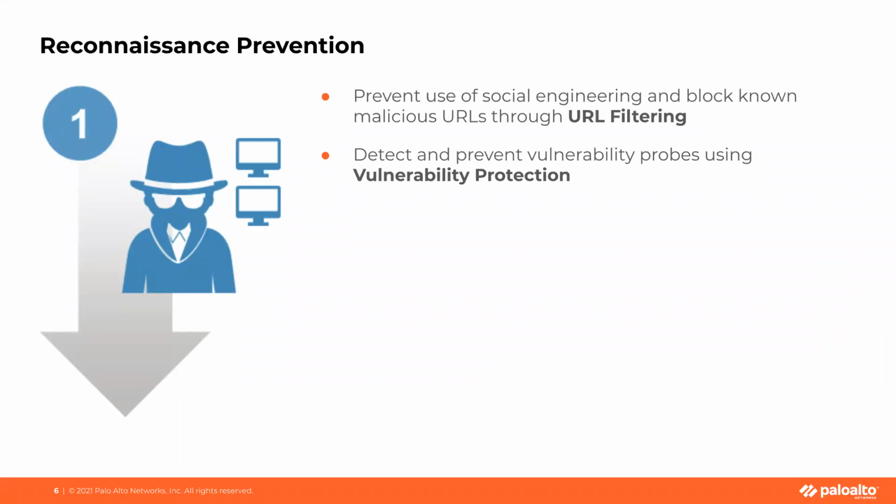And then any sort of vulnerability probes can be protected against with vulnerability protection. In the case of Prisma Access and the reconnaissance stage, this most often would reflect on inbound connections. So if that's being used, this is where vulnerability protection really comes into play.